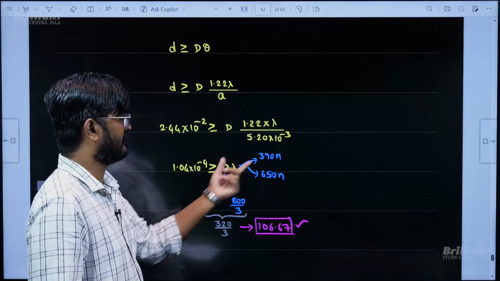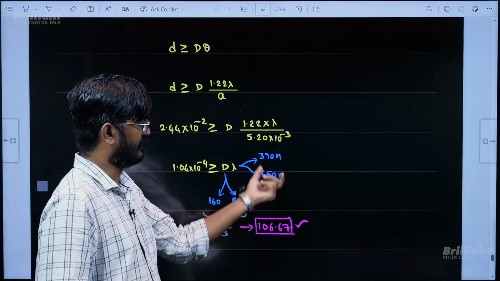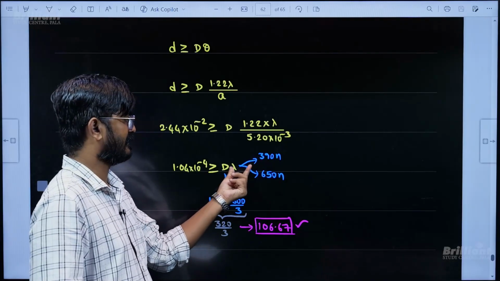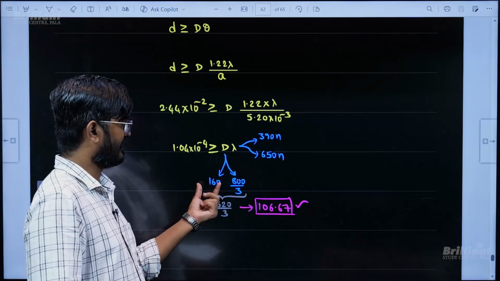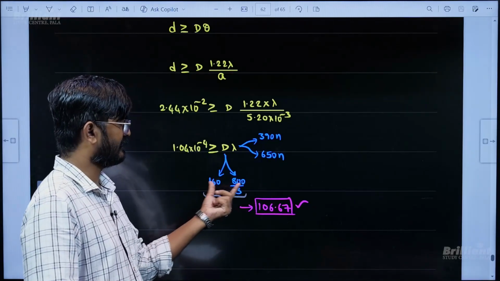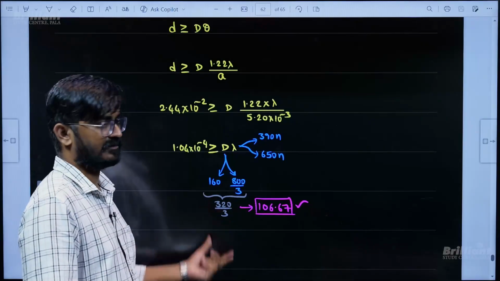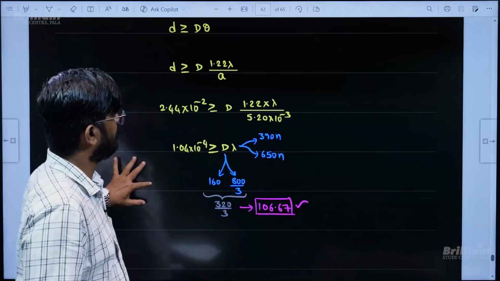But lambda lies between 390 and 650, one is 390, one is 650. When you substitute lambda as this much, you will get a d value of one thing. When you substitute lambda this much, you will get some other d value. So the meaning is when the distance between them lies between these two, then he can resolve only one color, he can't resolve the other color. The gap when you subtract, you will get the required answer.